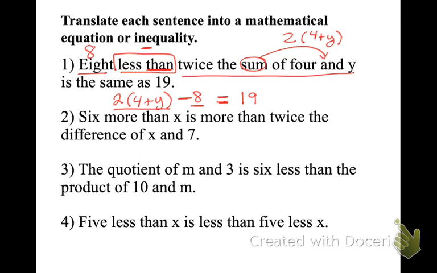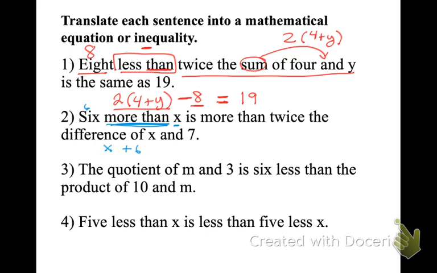Okay, maybe you want to take a minute and write the next few down and try them on your own. Now let's check our work. I'm going to go in a different color. All right, again we have a more than. Here's 6. Here's x. Okay, so that's just flip-flopping it.